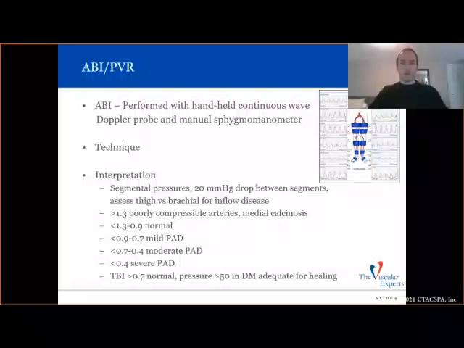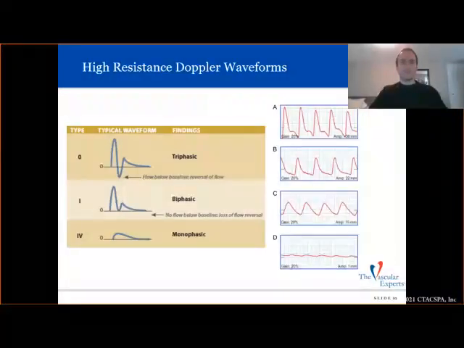ABIs and PVRs, another non-invasive test, but for the legs, and it classifies the levels of peripheral arterial disease. 0.9 is the lower limit of normal, and then once you're getting to 0.7 to 0.5, it's starting to get more severe, and then you're talking about critical ischemia below that. It can be done easily with a blood pressure cuff and a Doppler, and it's very reproducible.